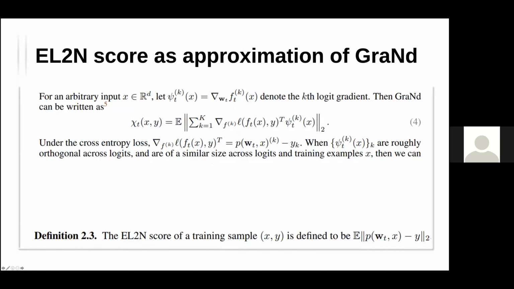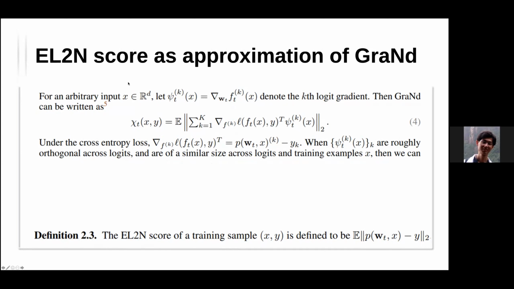Anyway, the EL2N score is calculated as the difference between the softmax output and the label itself. Okay. Anyway, the point is that we don't need to calculate the gradients anymore, right? Where does EL2N come from? Expectation, right?